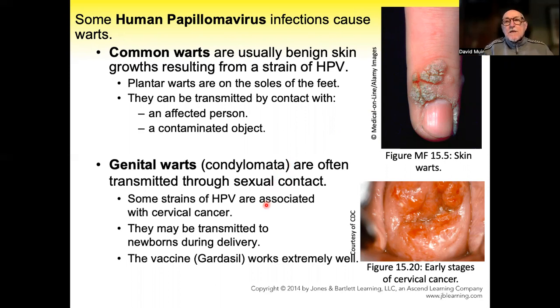And genital warts, again, are very easily acquired, especially through sexual activity. And the virus is extremely common, even if it doesn't manifest itself as genital warts. But genital warts often produce enormous warts on the genitalia, so they are relatively easily spotted.